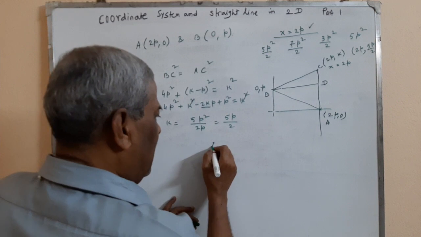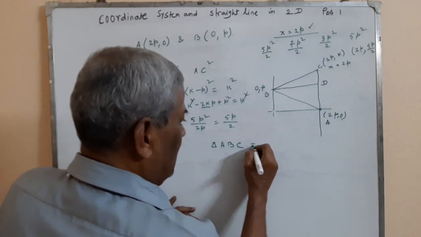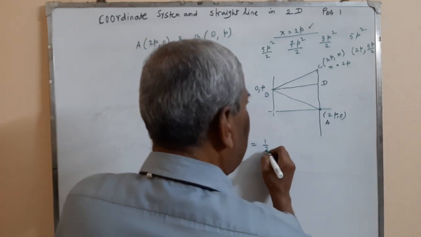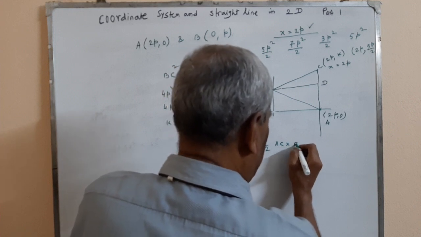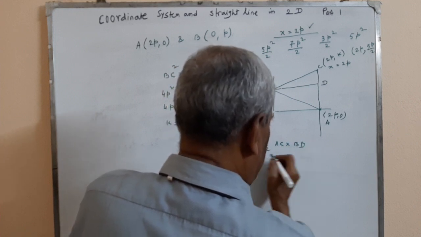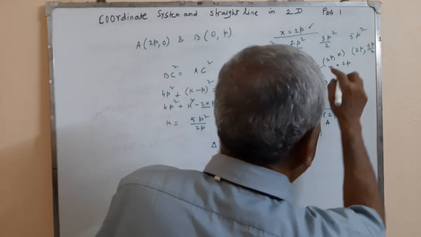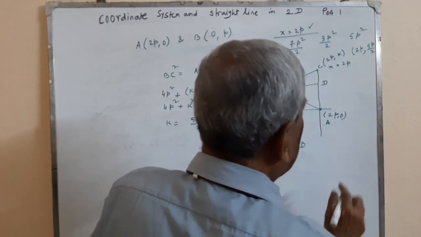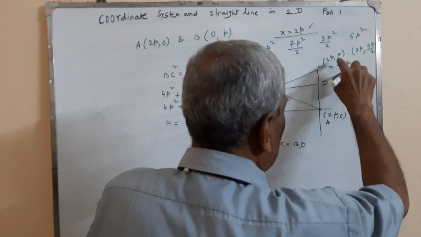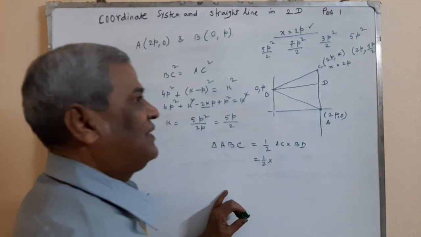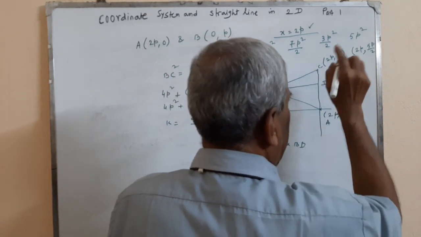So area of the triangle ABC is equal to half into AC into BD, is equal to half into AC. How much? A to C. This lies on the line X is equal to 2p. So this length is simply k, because it is (2p, 0), this is (2p, k).